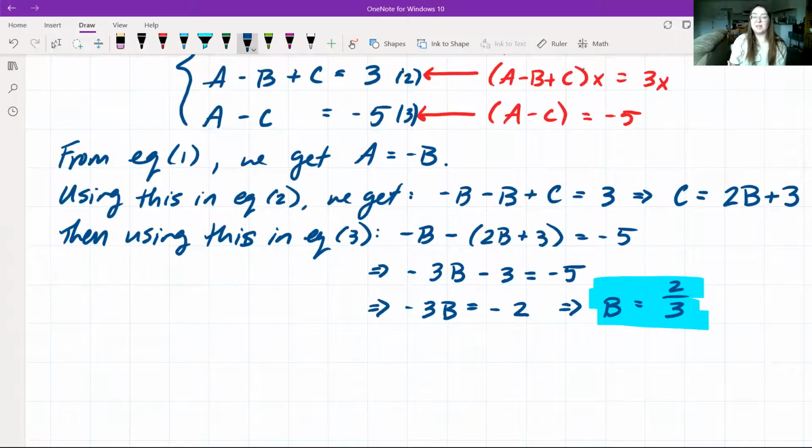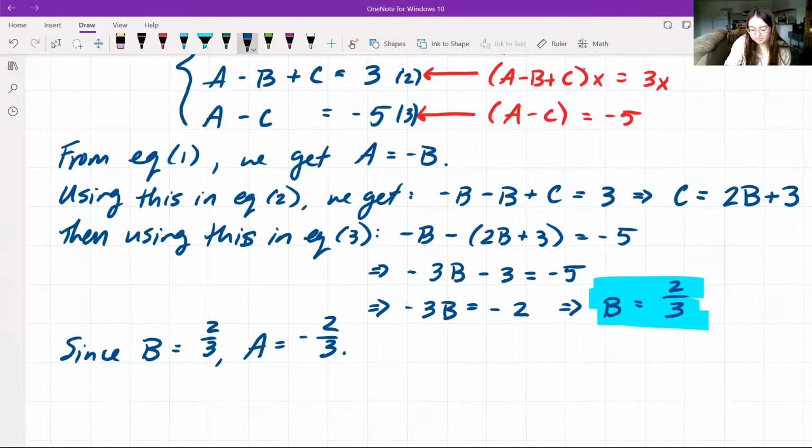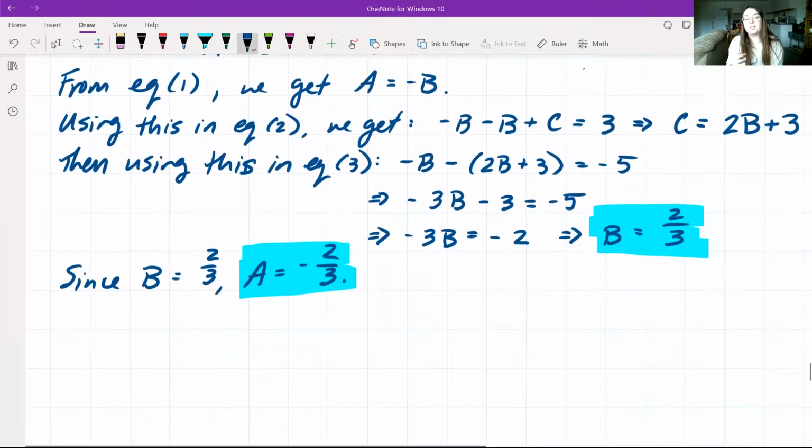All right, so we have a value of one of our terms, which means we can find the value of our other terms. So b is equal to 2/3. We know that a is just negative b. So since b is equal to 2/3, a is equal to negative 2/3. Then we can actually solve for c.